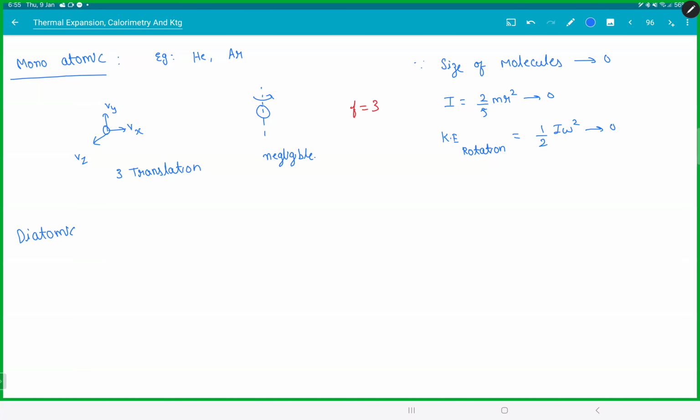If we talk about diatomic, same thing, you can go Vx, Vy, Vz. You can rotate like this, like this, and like this. Again, same story. If the axis is passing through the molecules, this is negligible. So these two are counted because this is a finite distance. So we have 2 rotations and 3 translations.